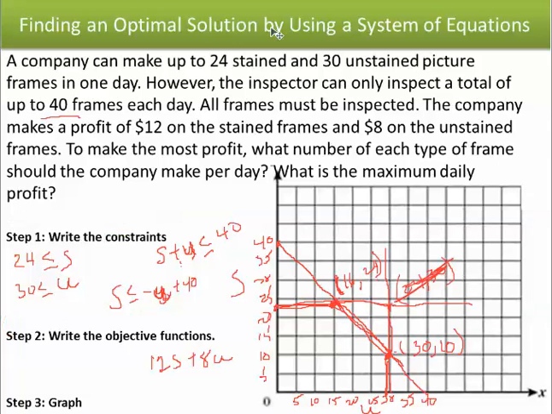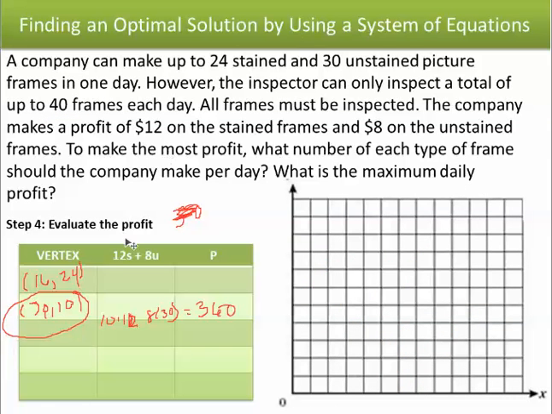Let's go back and look. This is 16 unstained, 24 stained. So this is 24 stained, and it helps if I write them down correctly: 12 times 24 plus 8 times 16, and that is $416.